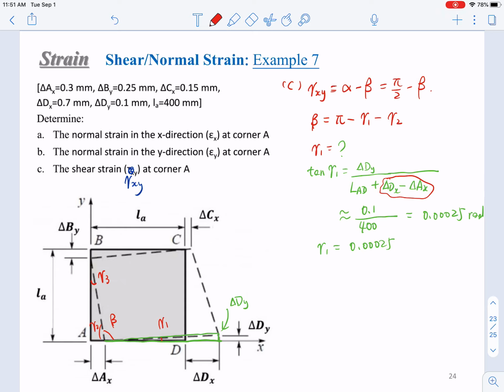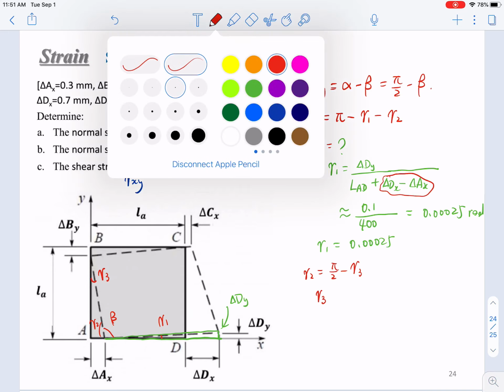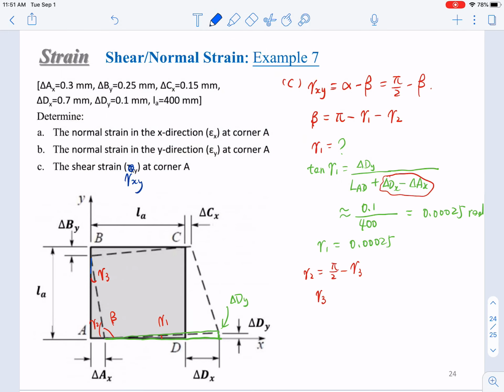So gamma 2 can be calculated from pi over 2 minus gamma 3. Gamma 3 can be solved from the blue colored triangle.